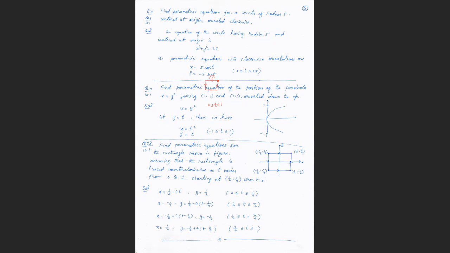This is the first side, this is the second side, this is the third side, and this is the fourth side. So for each side there must be one parametric equation, and we have an interval from 0 to 1. So we have to divide t in four parts.